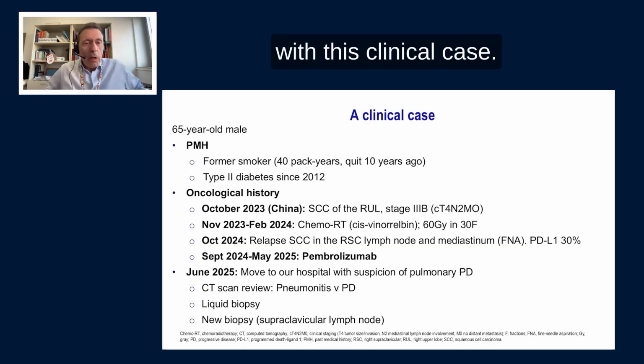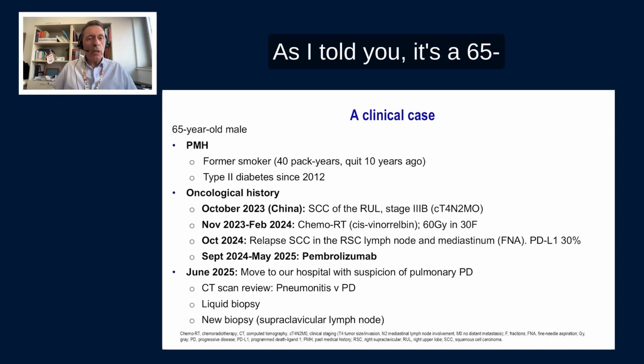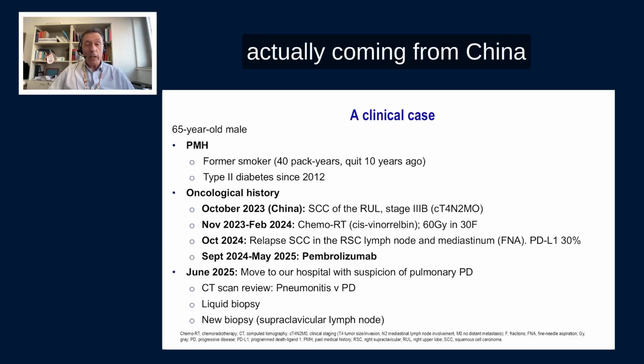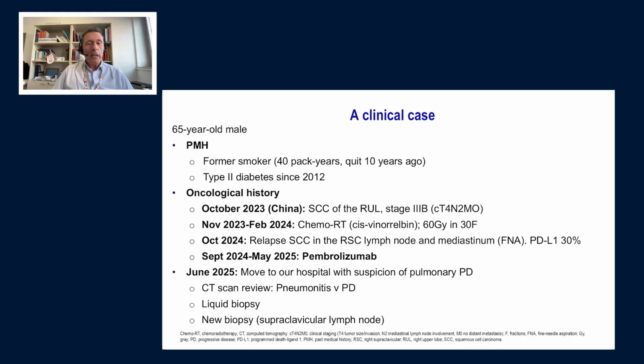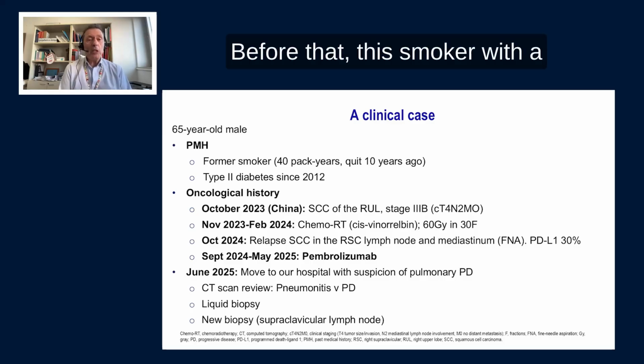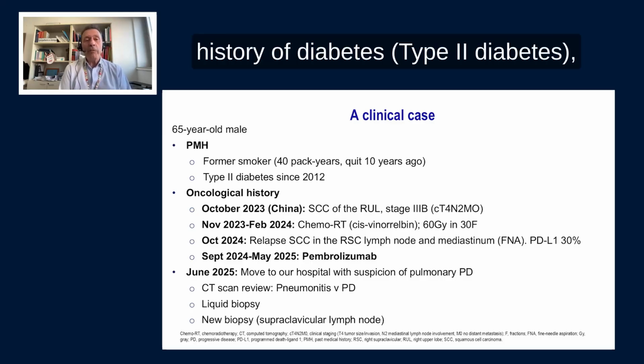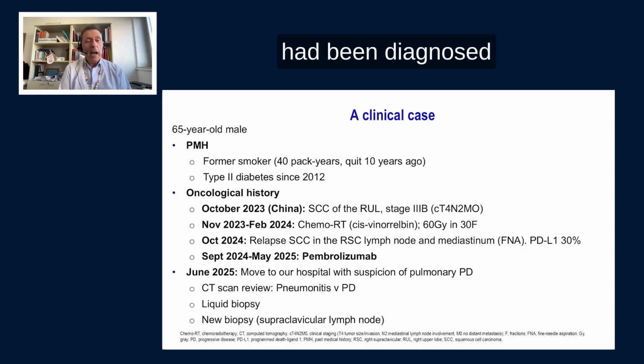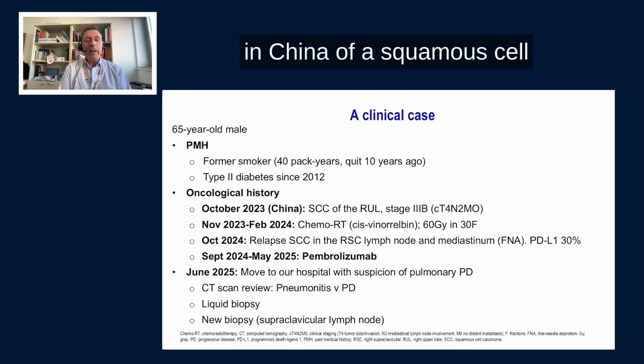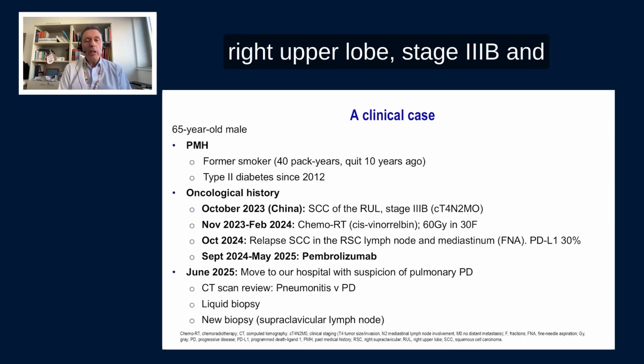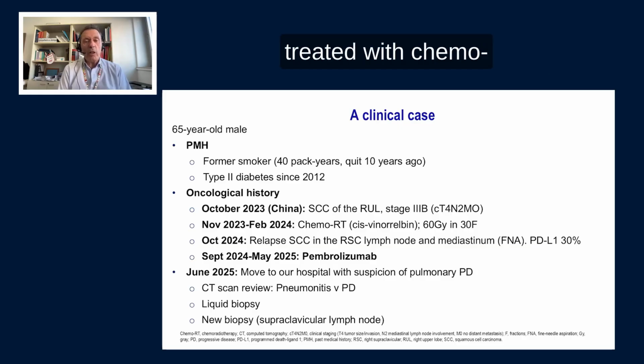I'm just going to start with this clinical case. As I told you, it's a 65-year-old man who came from China to Spain some years ago. Before that, this smoker with a history of type 2 diabetes had been diagnosed in China with a squamous cell carcinoma of the right lung, right upper lobe, stage 3B, and treated with chemoradiation in China.